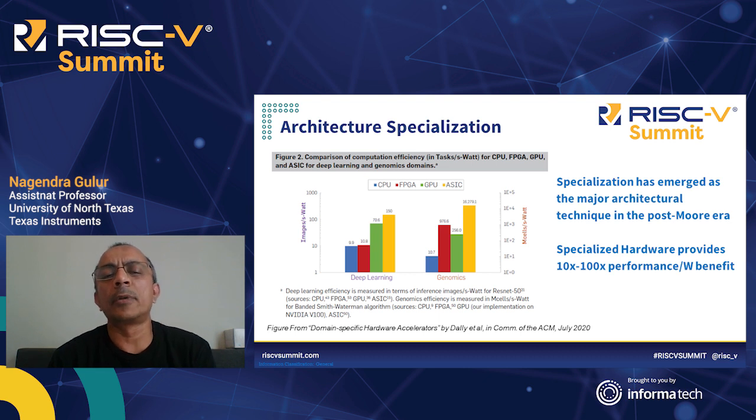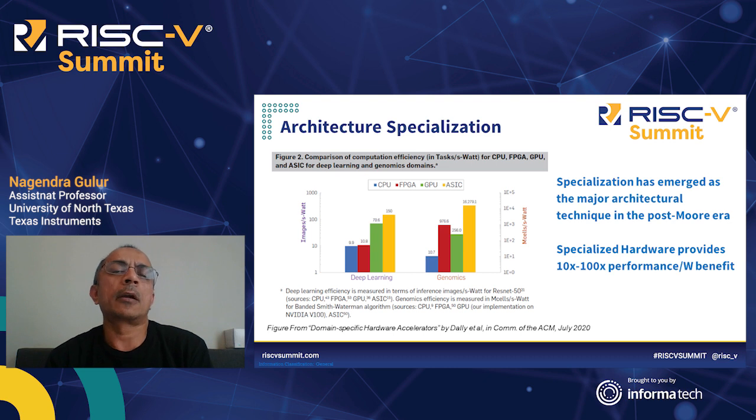And we have all been aware of this. This is much more relevant now in the post-Moore era, as specialization has emerged as the major architectural technique to continue to improve performance as applications continue to require increasing compute throughput. However, specialization by building custom ASICs tends to have some challenges, especially where you're looking at an application space that is diverse and rich and growing and emerging.